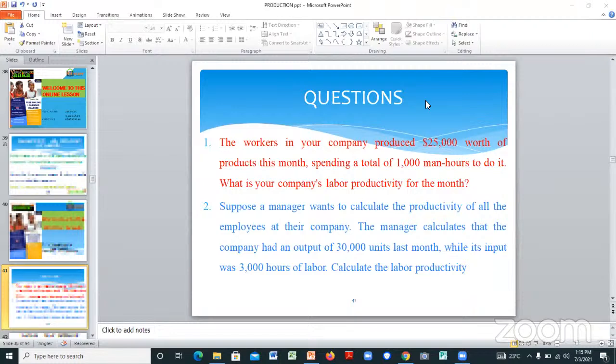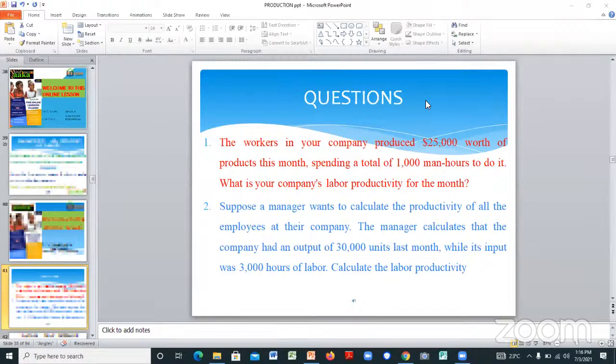Alvin, was that our formula for labor productivity? I don't really remember the formula. Okay.